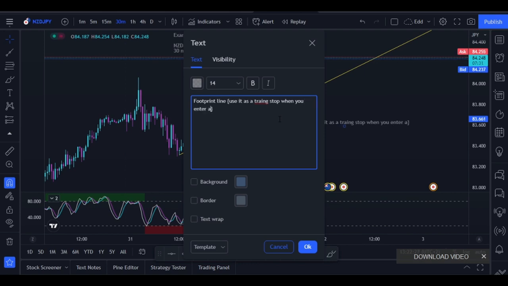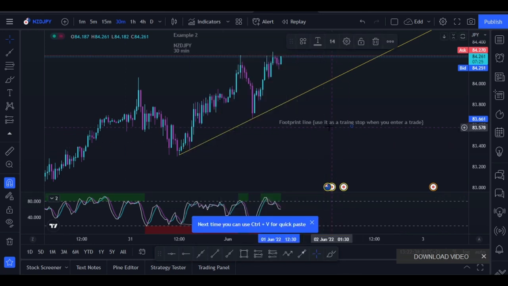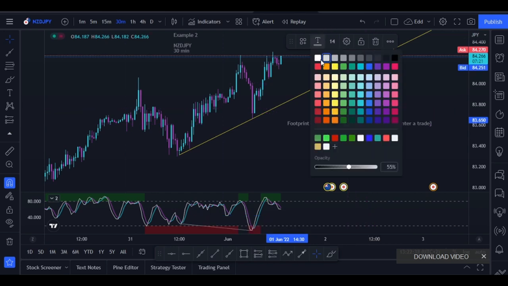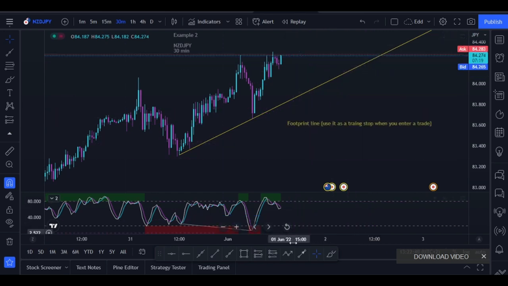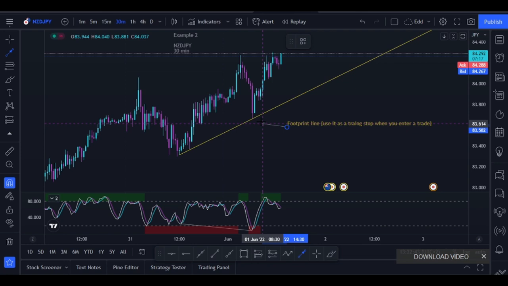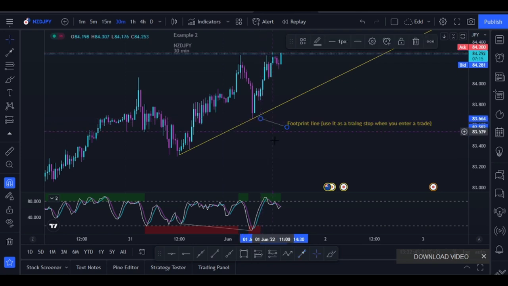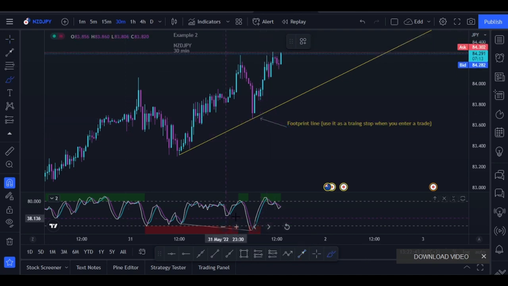Now what you want to do is label this here. That's the footprint. Now let's mark our entry point.